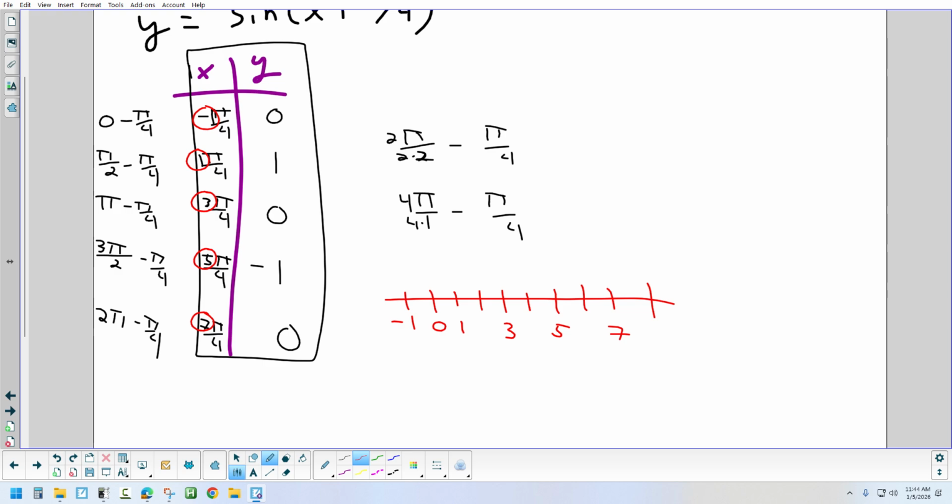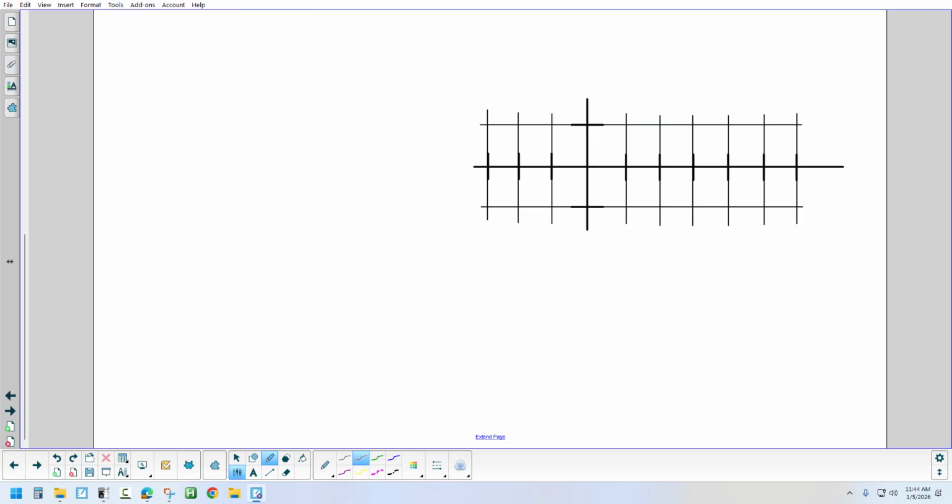So our points would really be, if I was just graphing those 5 points on a number line. Okay? Now we're going to do the same thing, except with pi over 4. So we're going to remember that we have to skip. Okay? So when we set up our graph, this is negative pi over 4.